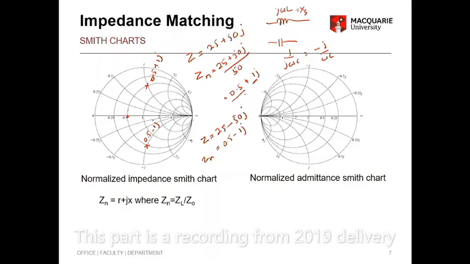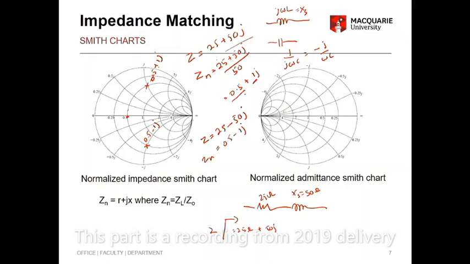So it actually looks like if I have a resistance of 25 ohms and an inductor which gives me an excess of 50 ohms, if I'm looking in here, my impedance would be 25 ohms plus 50j, right?